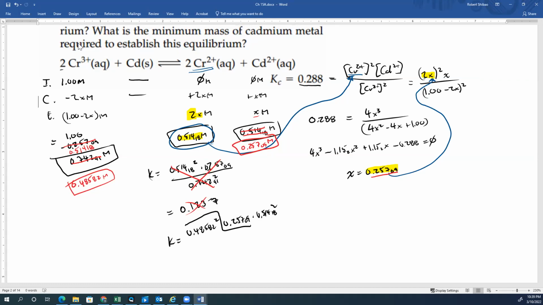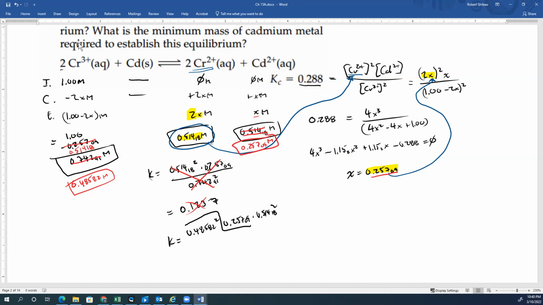I have the denominator in my calculator, so I'm going to square that and then invert it, and then times 0.25709 times 0.51418 squared. Okay, and what do you guys get?